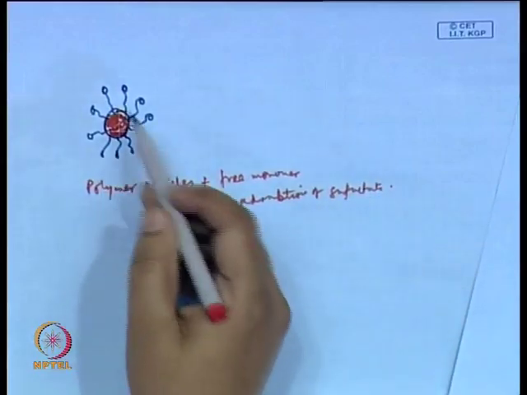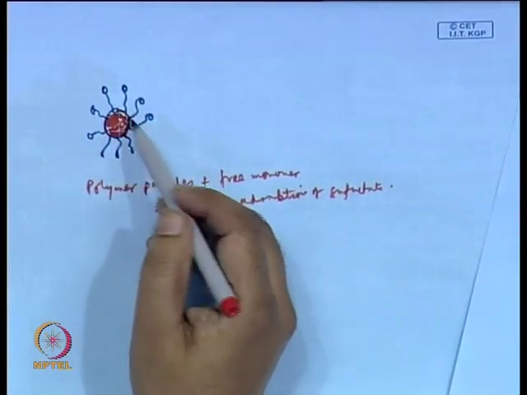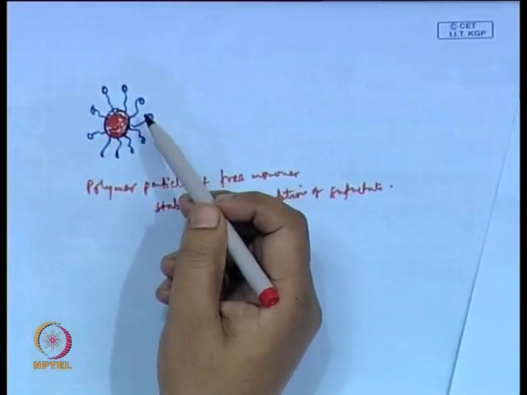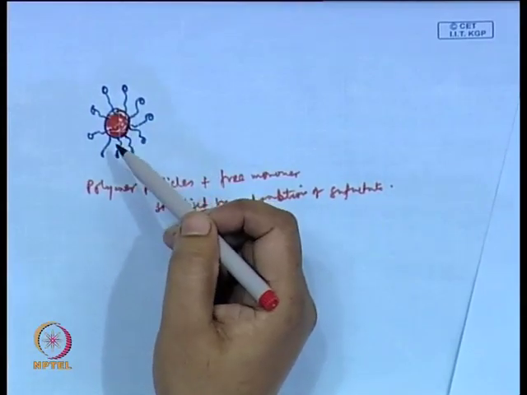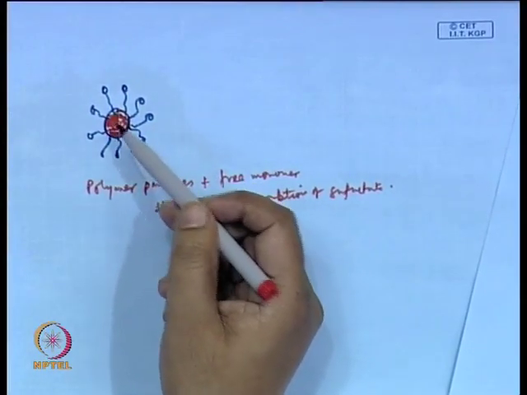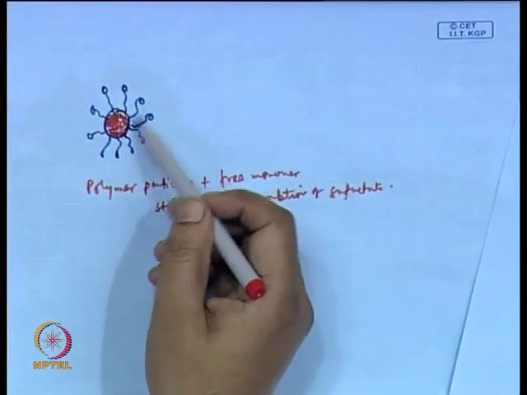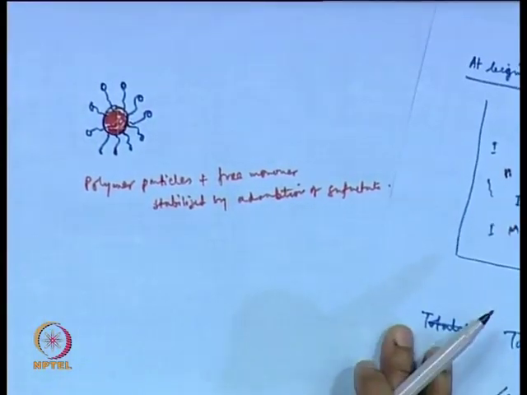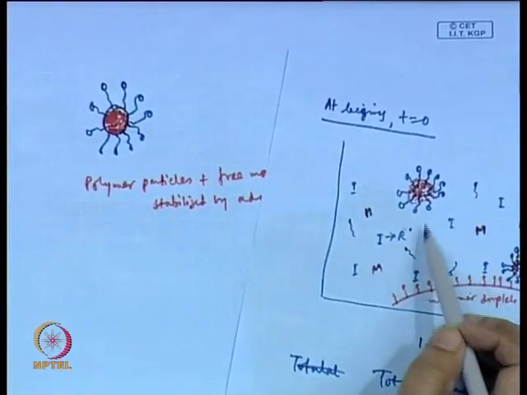You got it? So, more and more of these will be generated, and to stabilize them you require more and more surfactant. The surfactant which was originally present in the micelle is not sufficient to stabilize this. Where will they get this surfactant from? There are other micelles where the polymerization has not started.